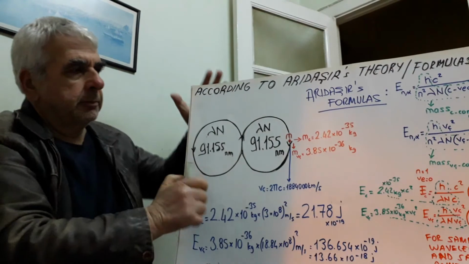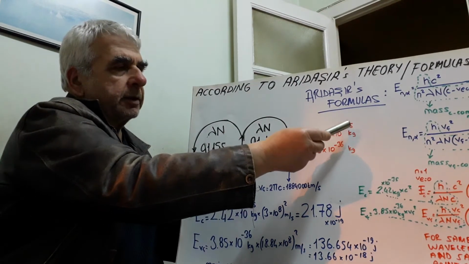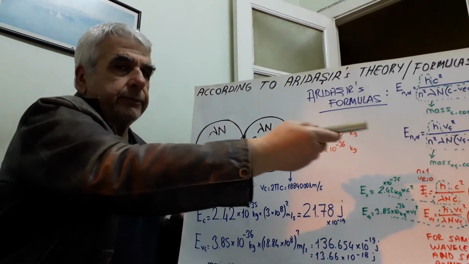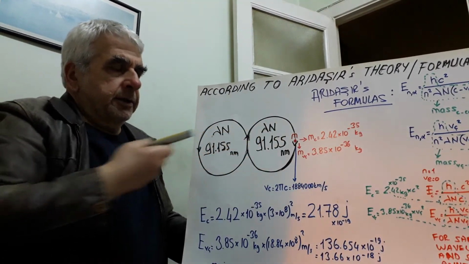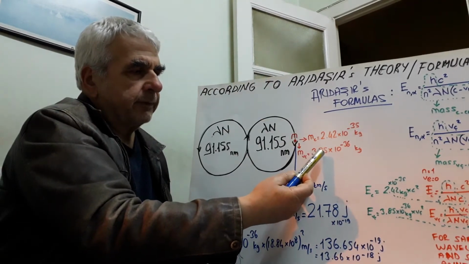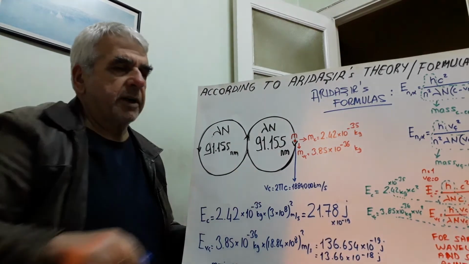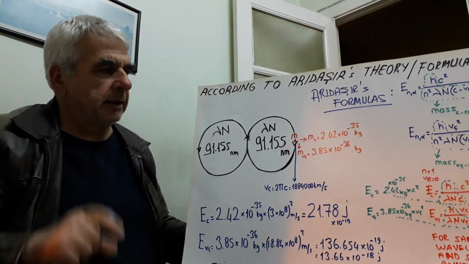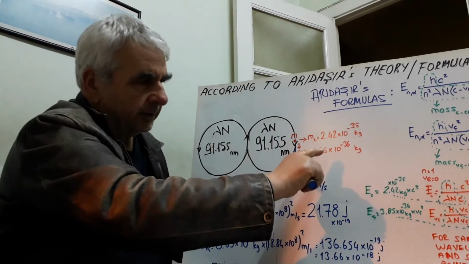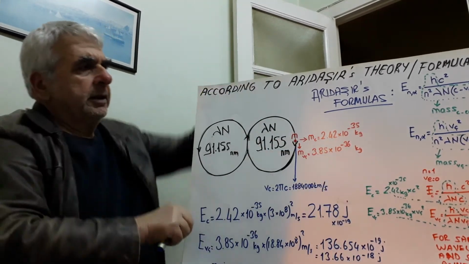No. 2.42 10 to the minus 35 kilogram in the direction of C direction mass component. 3.85 10 to the minus 36 kilogram in the direction of linear velocity component. Mass is that figure.